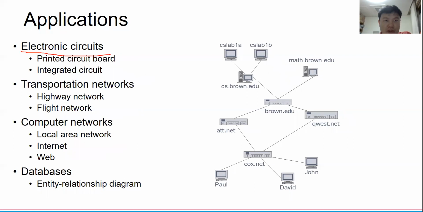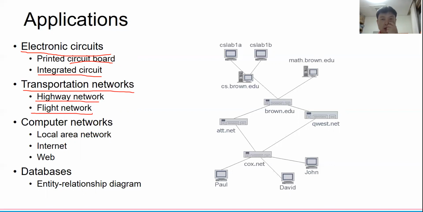What are electronic circuits? You can see the line between one circuit and another circuit, so it is the printed circuit board. Or in an integrated circuit, there is also a connected line between one component and another component. We can also use transportation networks, like highway networks and flight networks.